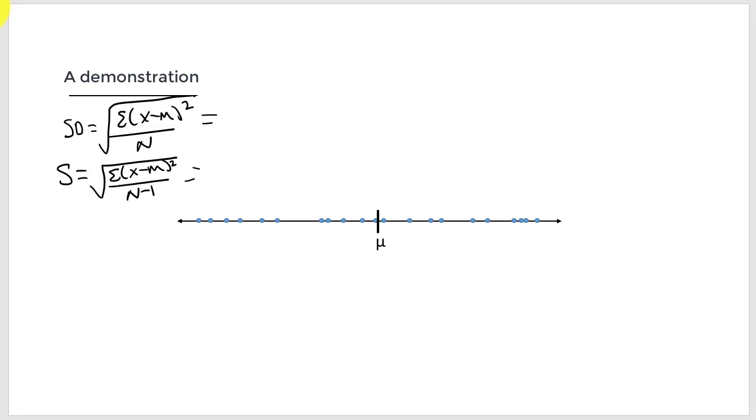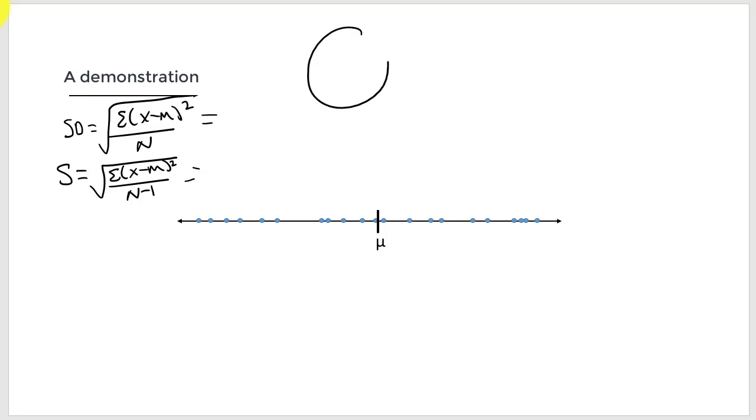Now, without doing any math, we know something. We know that if we use this figure, the number is going to be bigger. The unbiased estimate of the population standard deviation is going to be bigger than the sample standard deviation.